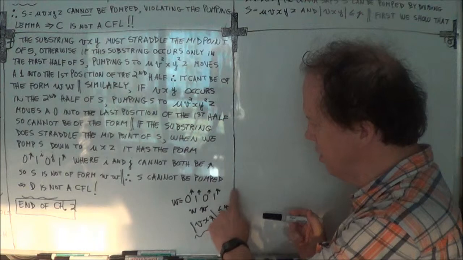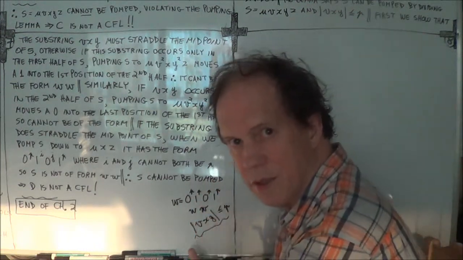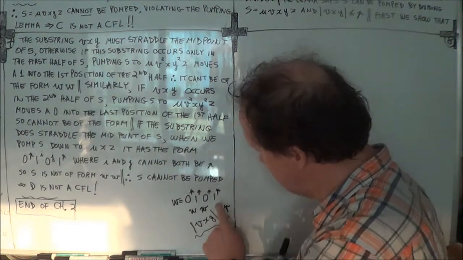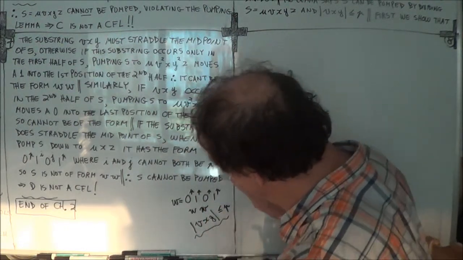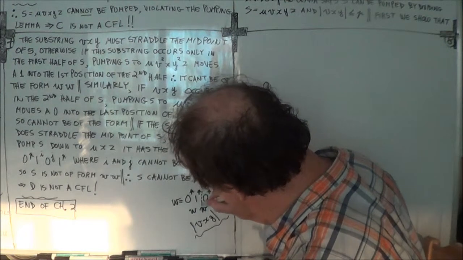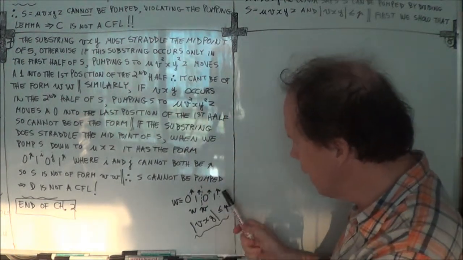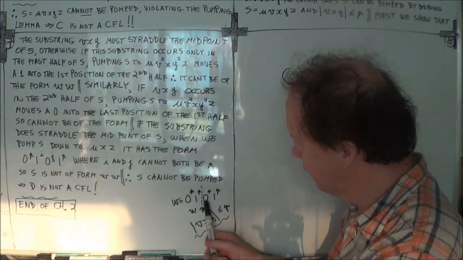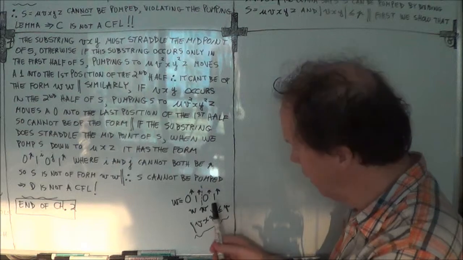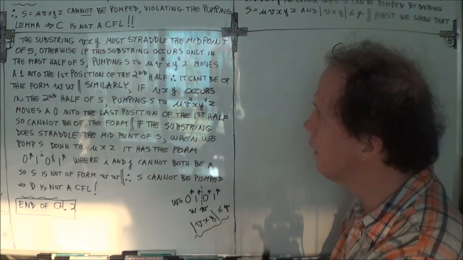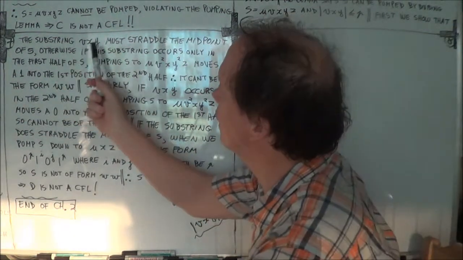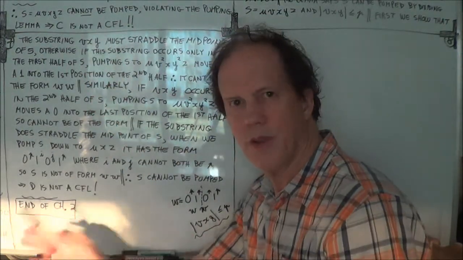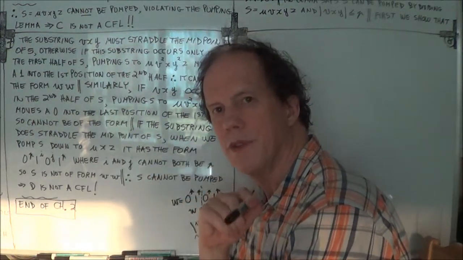And that does not fit the pattern of the strings in your language. If you look here, there's the halfway mark. The first symbol in the second half of an acceptable string has to be 0. So vxy has to overlap or straddle the middle point of the string S.